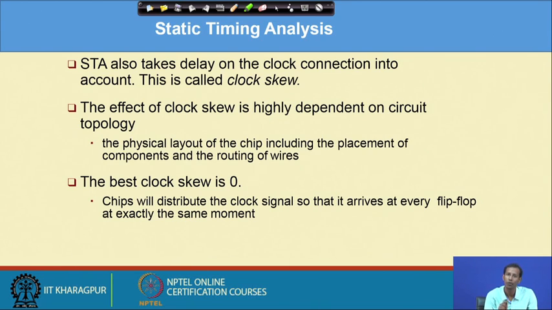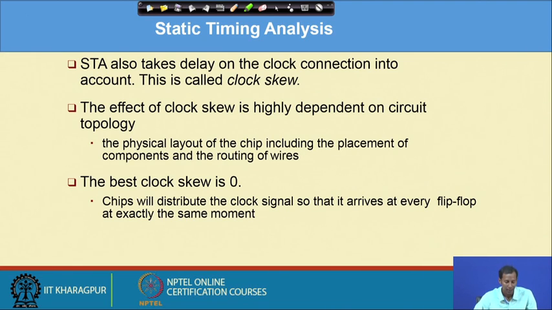From that pin you are supplying the clock to all those sequential elements. To reach the farthest sequential element from that pin, it will take the maximum net delay for the clock to traverse. So at that time skew will be high for that particular path.